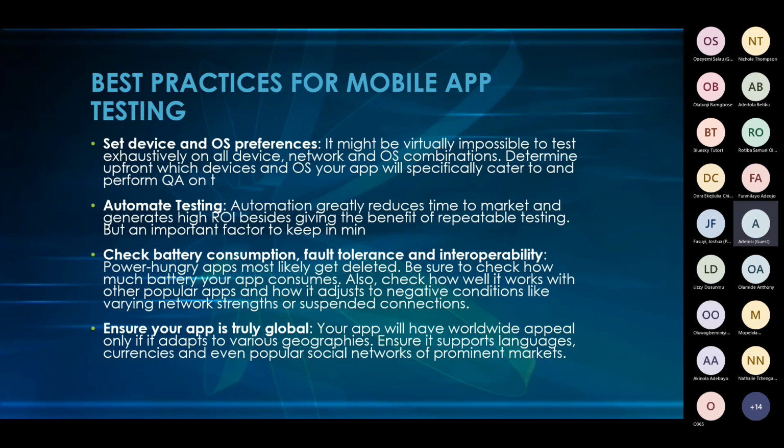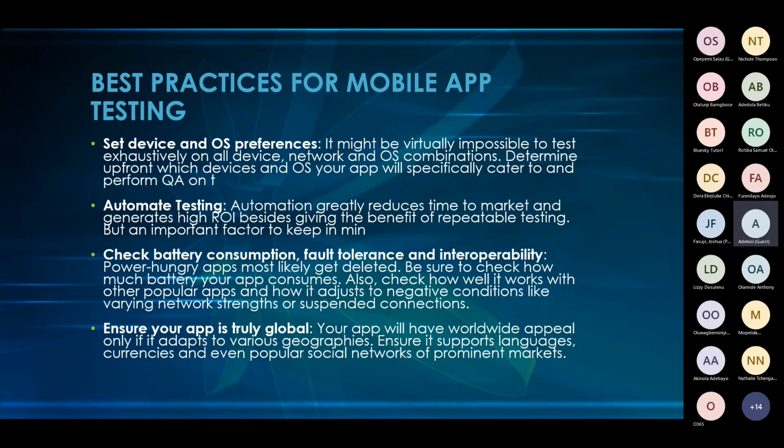Determine upfront which devices and operating systems your app will specifically cater to and perform quality assurance on them. Please, it's very, very important. You have to set your device and operating system preferences, and it has to align with business requirements.